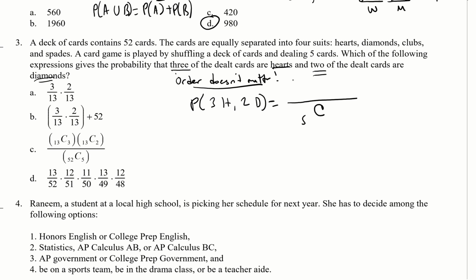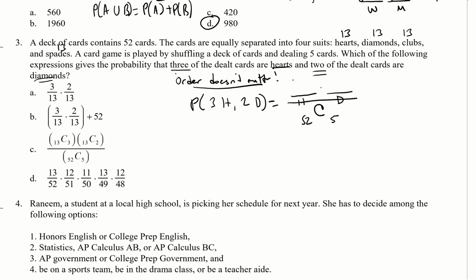So we have 52 cards and we choose only 5 of them. And then this is for hearts, and this is for diamonds. So how many hearts are there? It says there's 4 suits, right? And there's 52 cards, so that means there's 13 per suit. 13 times 4 is 52.